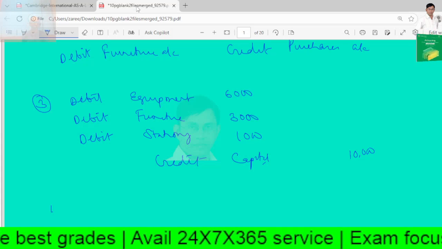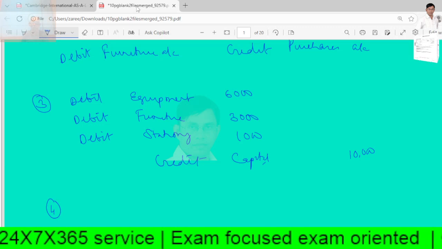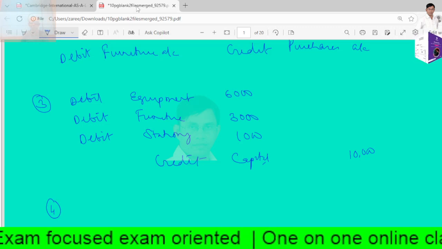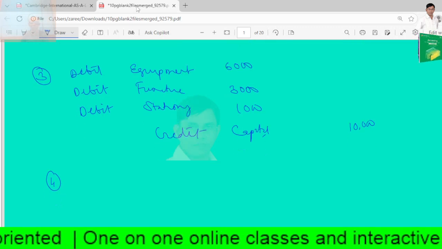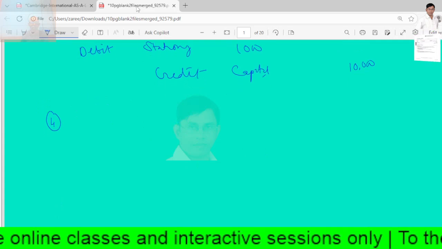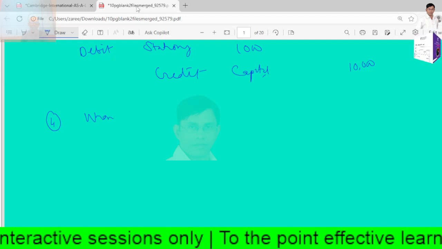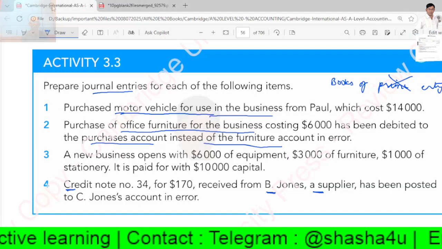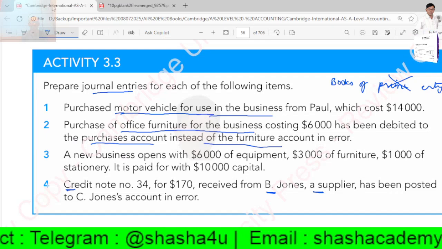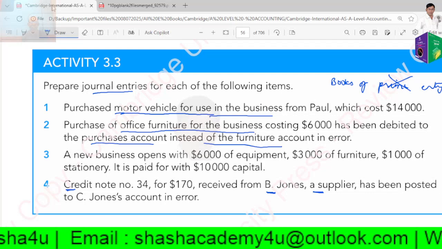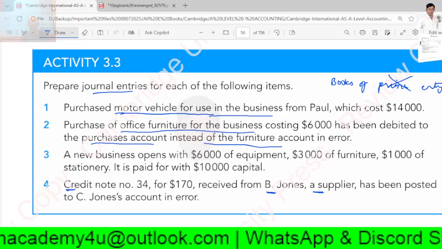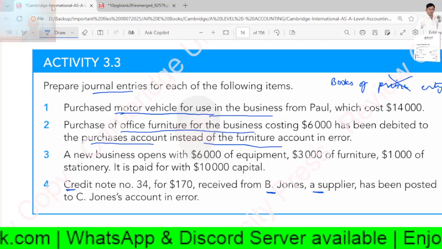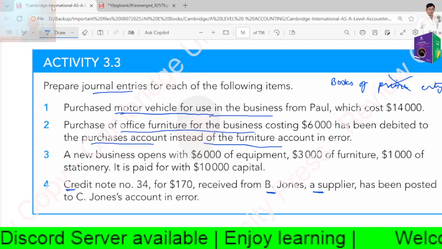To understand this, you have to analyze the transaction properly. What is the wrong entry? What is the right entry? Then what is the rectification entry? Received from B Jones.